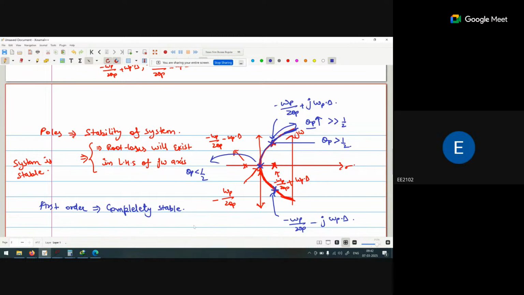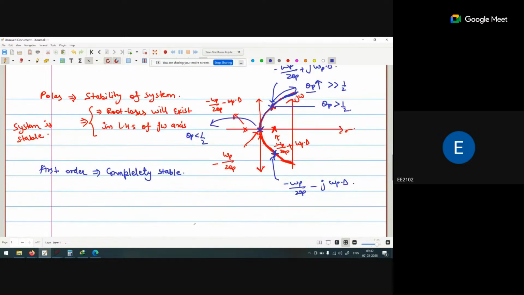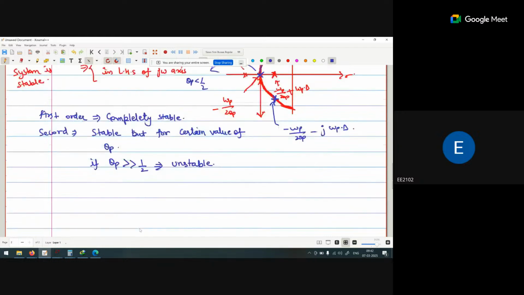If we are talking about the second order, it is stable, but for certain values of QP, if QP is much greater than 1 by 2, it becomes unstable.